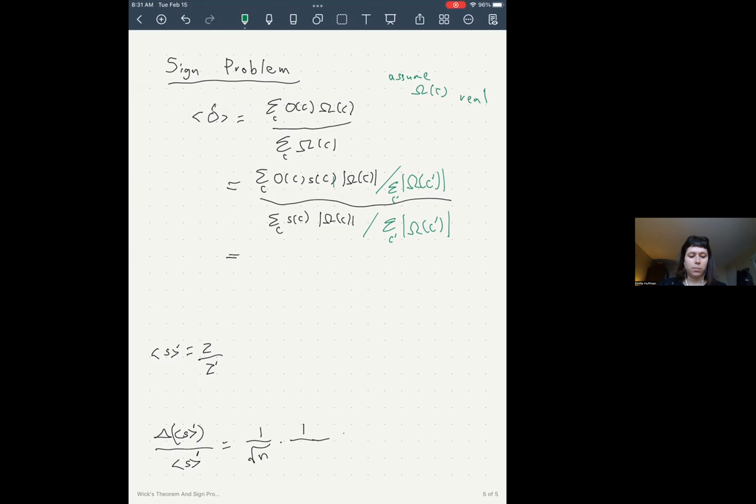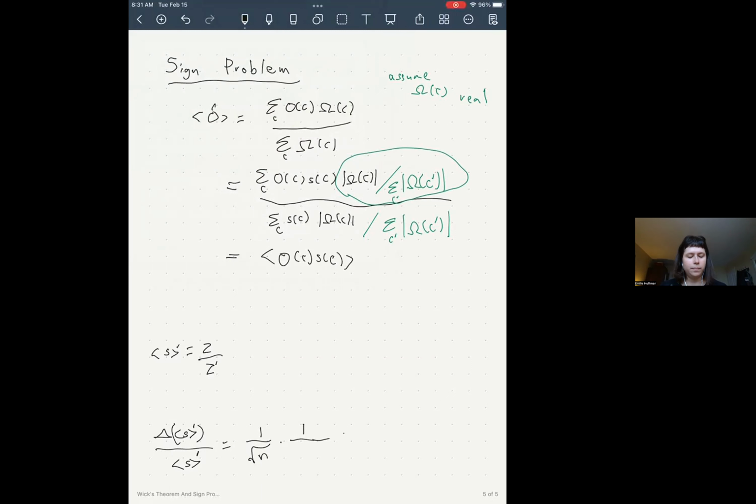So our new probability distribution is going to be this one. We can write the above as the average of the observable times the sign of the configuration.